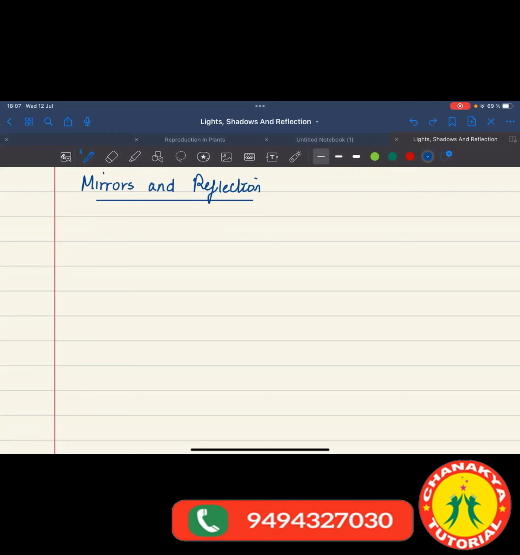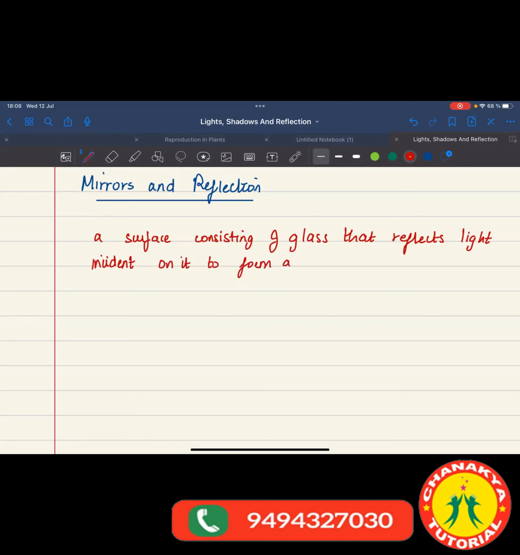So a mirror is a surface. So this is a mirror.